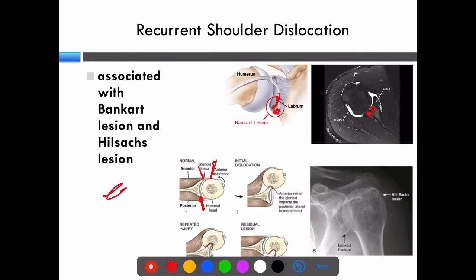Anchors are small screw-like structures with attached suture. So, we put 2 screws in the glenoid and we tie knots along with the labrum here, and in the Remplissage procedure we put anchors in the humeral head and tie knots with the infraspinatus and teres minor muscles, which obliterates the Hill-Sachs lesion.